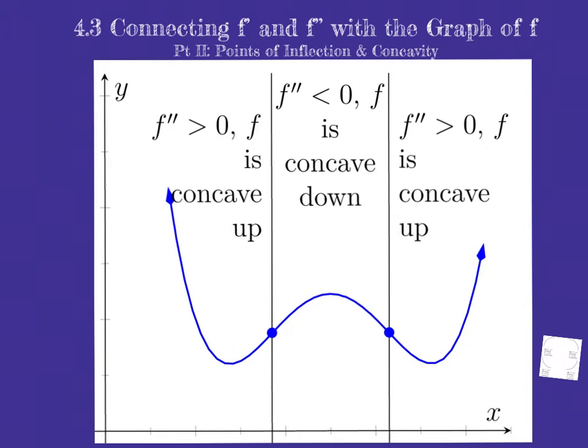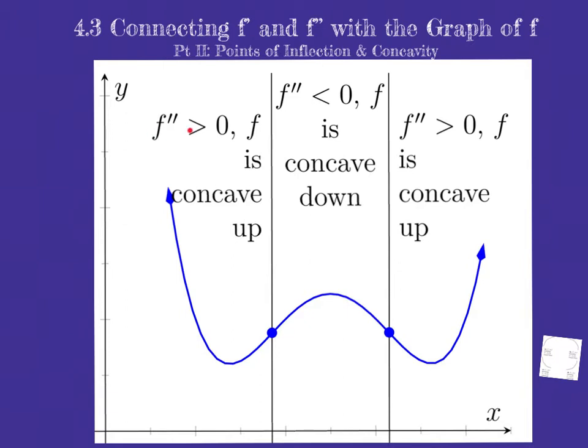So f double prime, or our second derivative, is positive, greater than 0, at both of the intervals where our graph is concave up, and the second derivative, f double prime, is negative, or less than 0, where our graph is concave down. So concavity is directly in line with whether or not the second derivative is positive or negative.